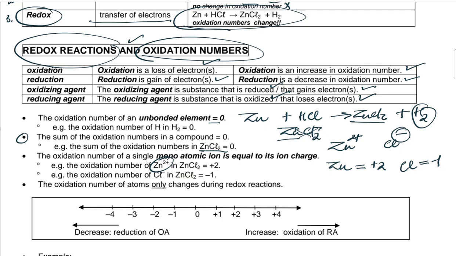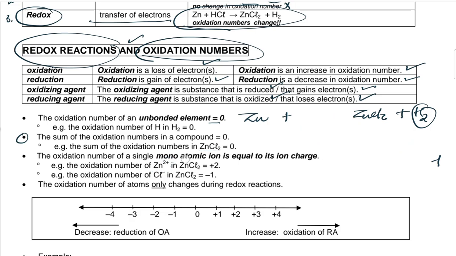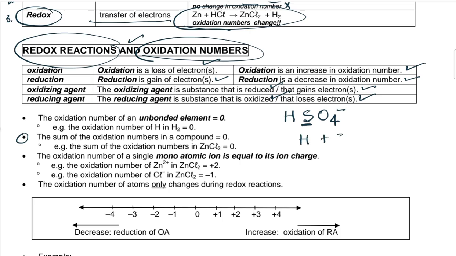Let me make another example. I'm having HSO4-, and I want the oxidation number for sulfur. Because there's an ion, H plus sulfur plus 4 oxygens is equal to that charge, which is -1.